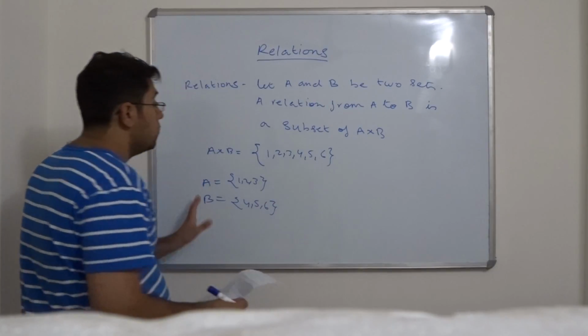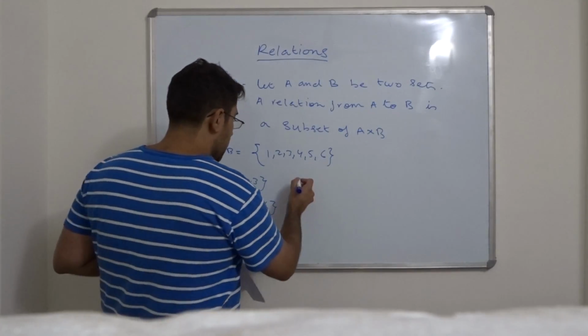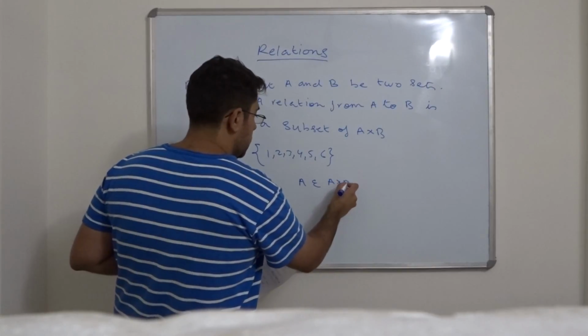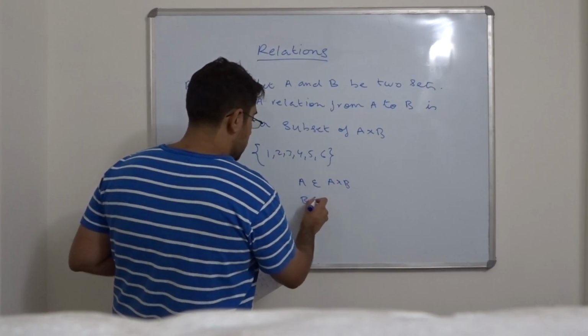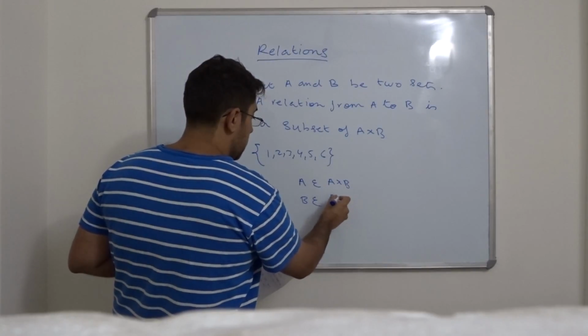So what this means is that A is a subset of A times B and B is a subset of A times B.